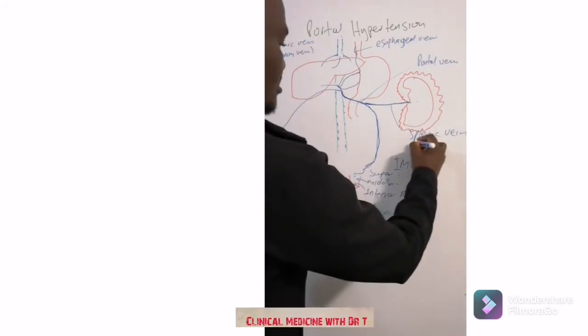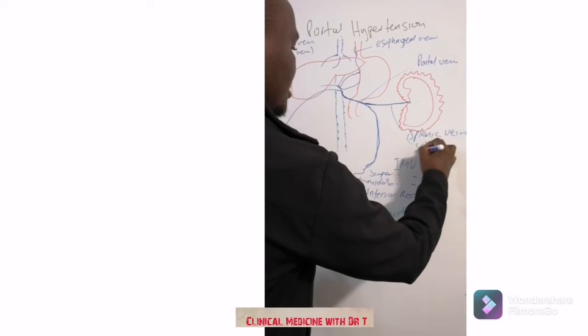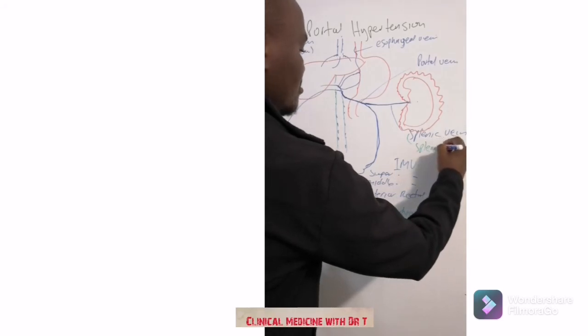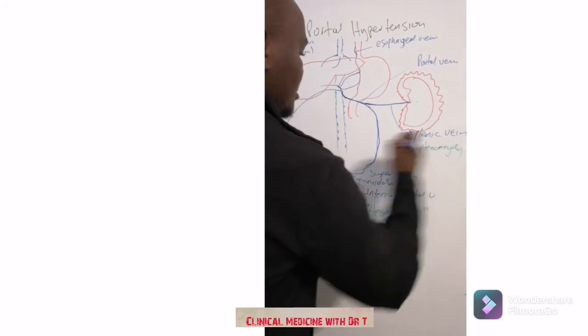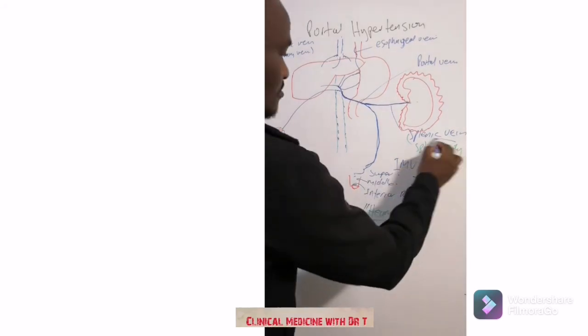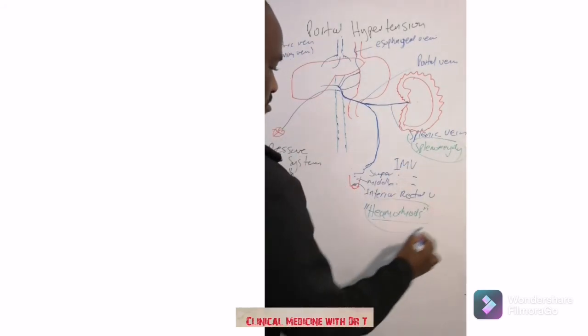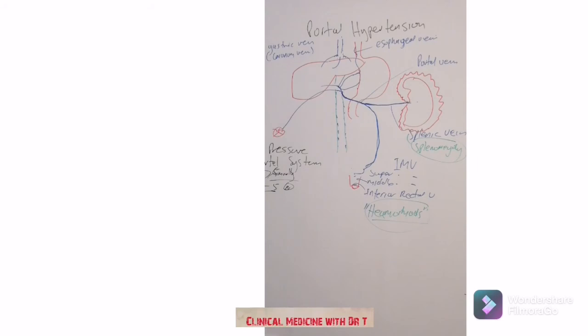So here is splenomegaly. These are the clinical features you're going to pick up from a patient who has got portal hypertension.